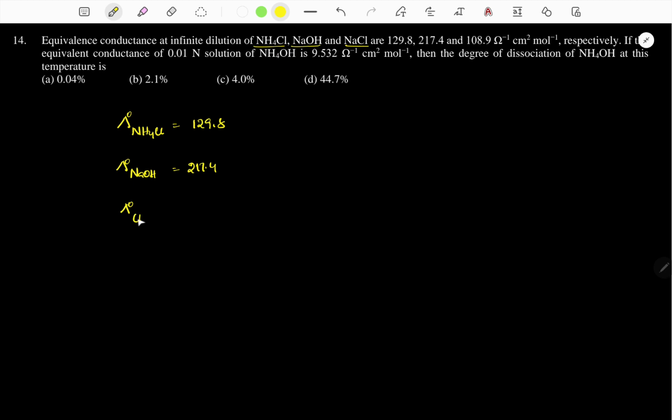Lambda naught of NaCl is 108.9. Units are ohm inverse centimeter square per mole. So units are similar. Now what they have given is the equivalent conductance of 0.01 normality NH4OH.